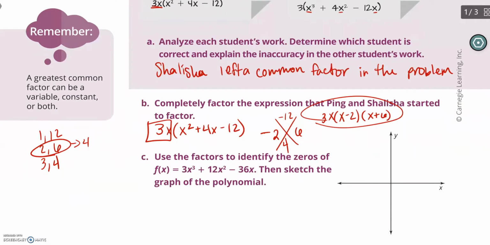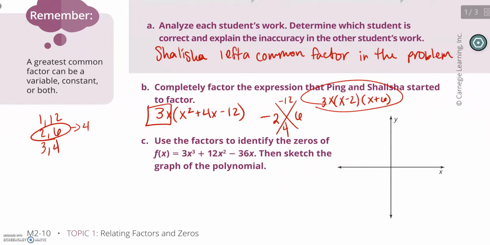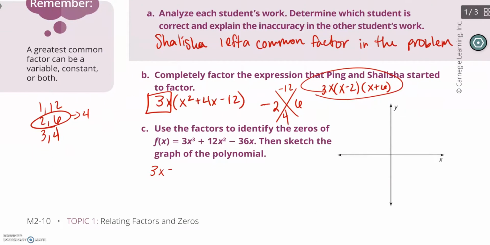Now we want to use the factors to identify the zeros and then sketch the graph of the polynomial. Hopefully this is review. How we do that is we set each factor equal to 0. So 3x equals 0, x minus 2 equals 0, and x plus 6 equals 0. Divide by 3, x equals 0.